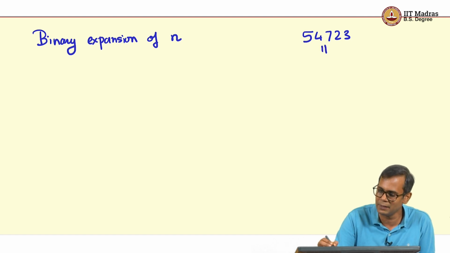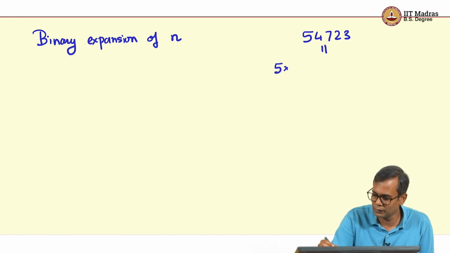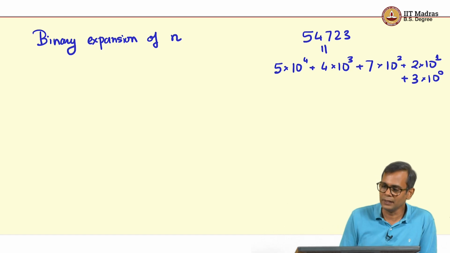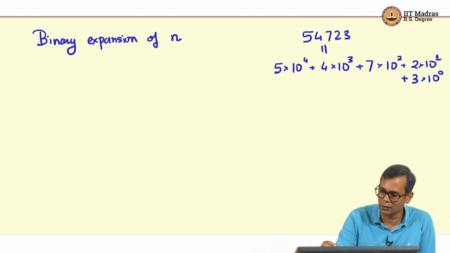Well, what this really means is we have 5 into 10 to the power 4 plus 4 into 10 to the power 3 plus 7 into 10 to the power 2 plus 2 into 10 to the power 1 plus 3 into 10 to the power 0. So, this is the decimal expansion of the number 54723.